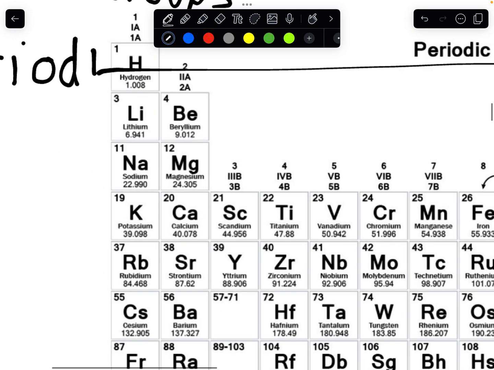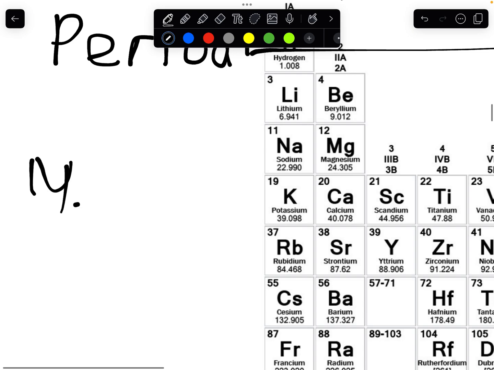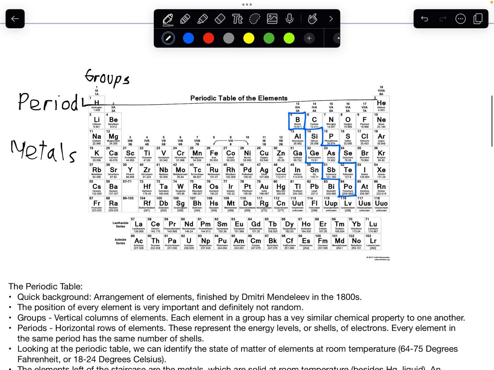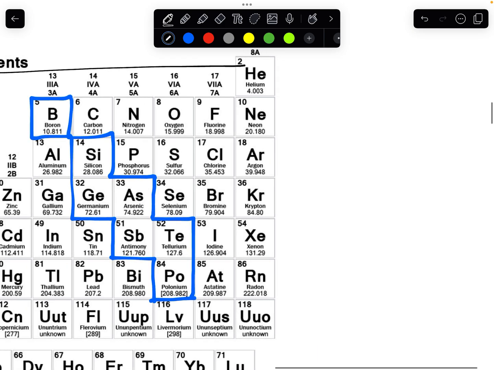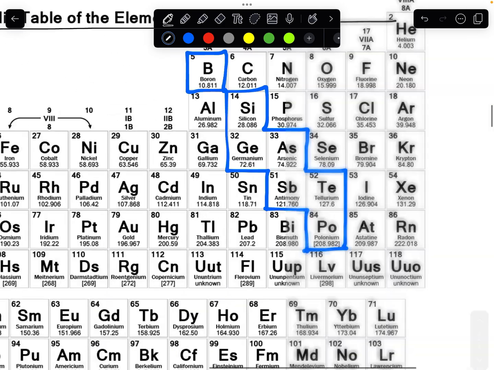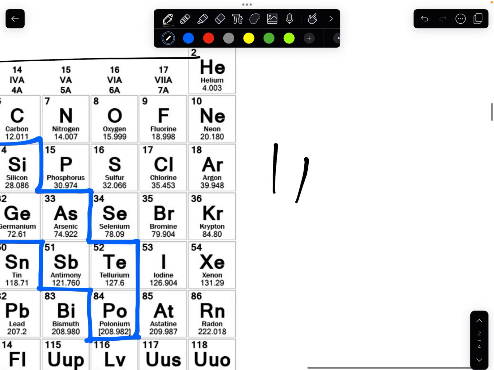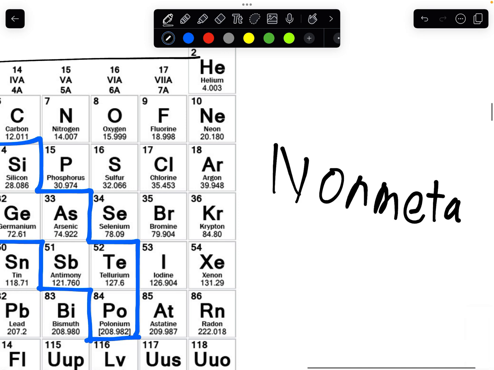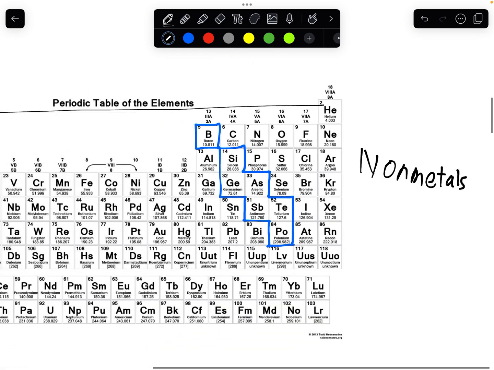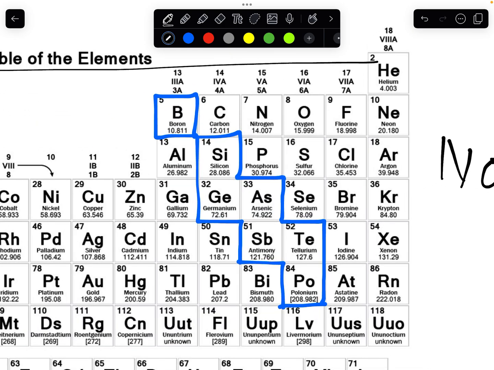So, metals. While on the right side of the staircase, excluding hydrogen, we have the non-metals. And in the middle of the staircase are the metalloids.